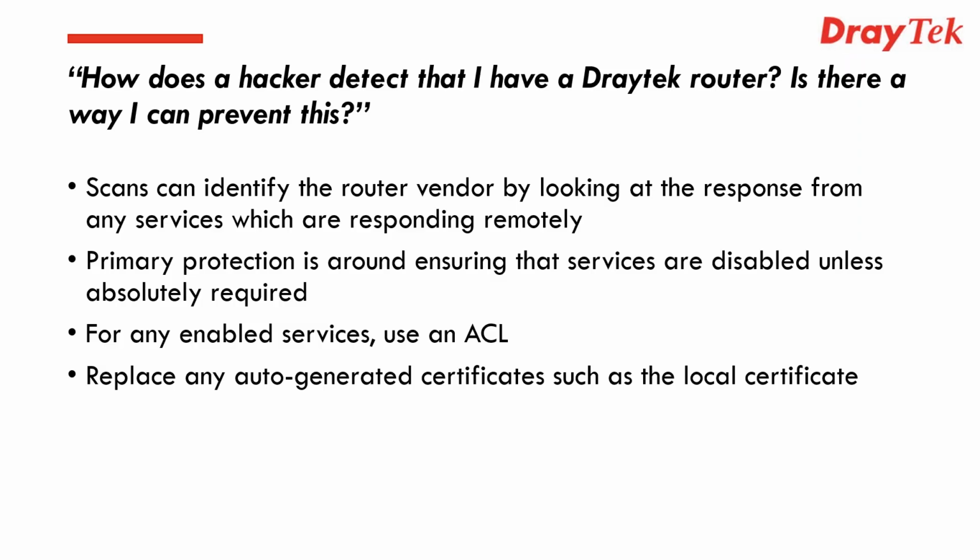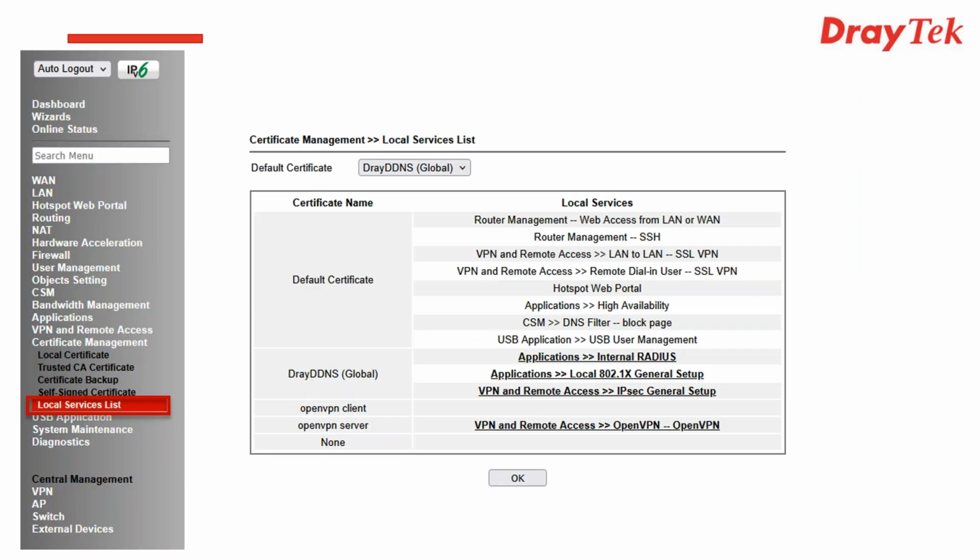Also, replace any auto-generated certificates, such as the local certificate. Just on that, I've got a screenshot relating to the certificate management. If you go onto the router and look at your local services list, it will show you what certificates are being used. There's a bunch of different local services that use certificates, and there's a default certificate that you can select. Here we've got a router that's using the DrayTek certificate that's a Let's Encrypt one instead of the self-signed certificate.